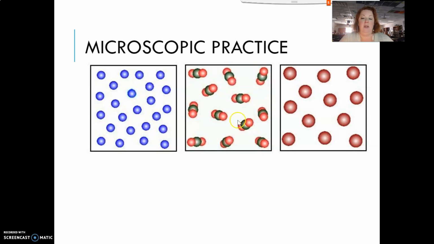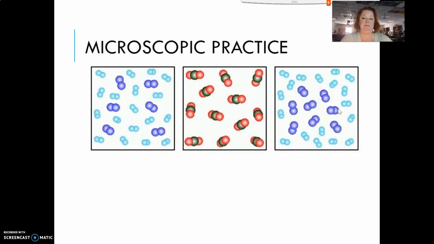If we look at the one in the middle, again, pure substance or mixture, this is a pure substance, and they are chemically combined, so these are compounds. The one on the right, did I say left? I don't know. Okay, I'm pointing with it. The one on the right is also a pure substance, and they are elements.